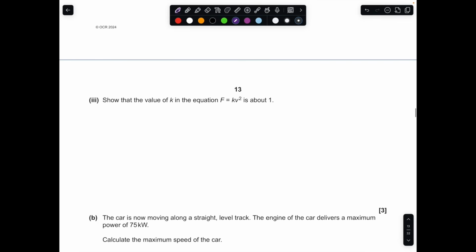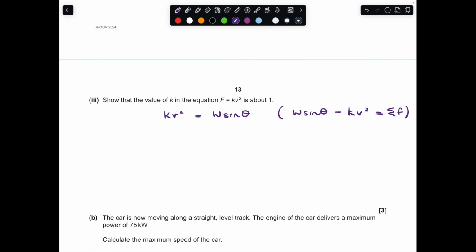For part III, we have to show that the value of k in the equation F equals kv squared is about 1. So we know that F, which is the resistive force, is kv squared, and this will equal W sin theta, because W sin theta minus kv squared is equal to the resultant force, and we know the resultant force is 0.